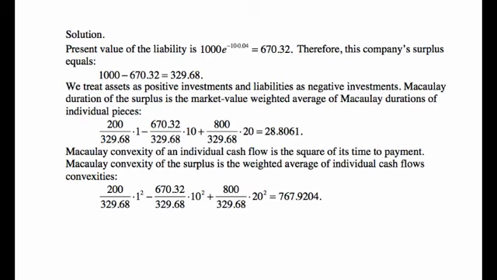Macaulay duration of the surplus is the market value weighted average of Macaulay durations of individual pieces. And we have a 1-year bond worth 200, and it constitutes a fraction of the whole portfolio of 200 divided by the value of the asset liability portfolio, which is 329.68. So this weight times 1.